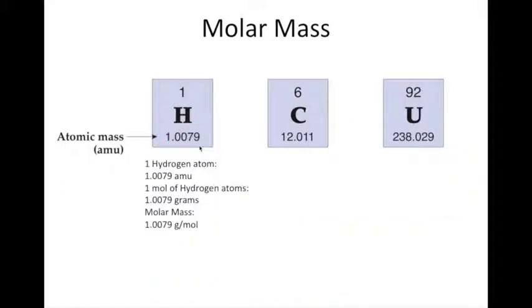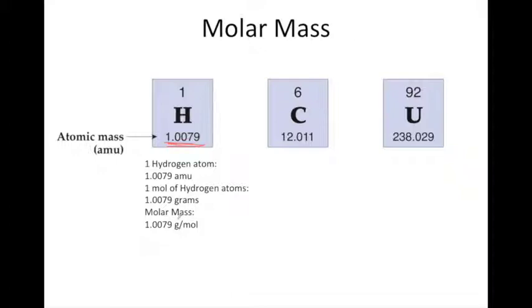Well, we could say then one hydrogen atom has an atomic mass of 1.0079 AMUs. 1 mole of hydrogen atoms has a mass of 1.0079 grams. So this number on the periodic table represents the atomic mass in AMUs and the molar mass in grams.